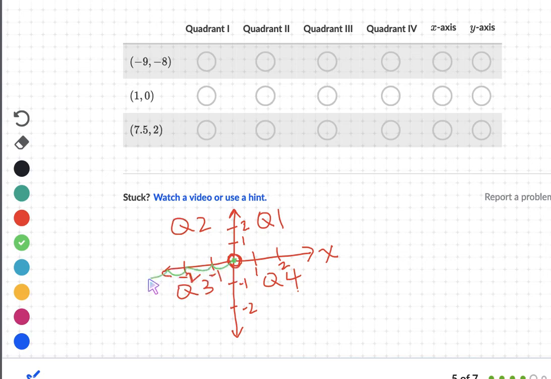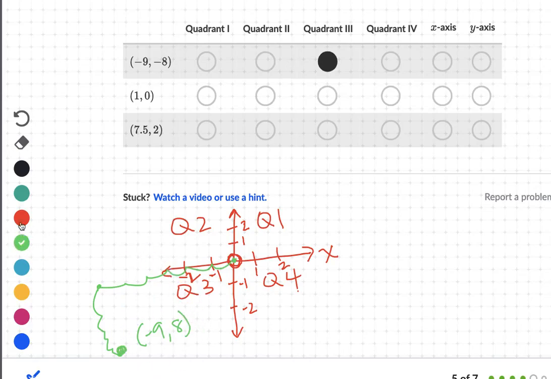So I'm gonna pretend like I went to -9. Then I have to fly up and down to -8. So it's going to be somewhere over here. This is -9, -8. Okay? What quadrant would this end up in? Oh, that's Quadrant 3. So I can go ahead and put Quadrant 3. Doesn't matter, it's not exactly on its spot. I just want to know what area it's in.